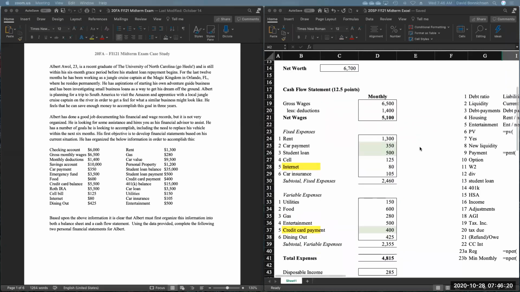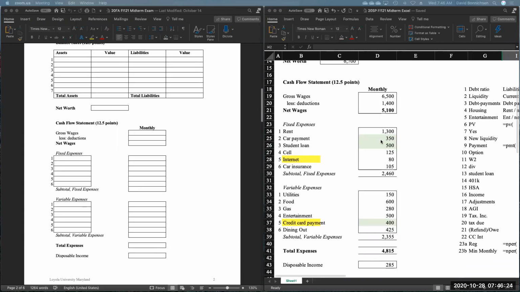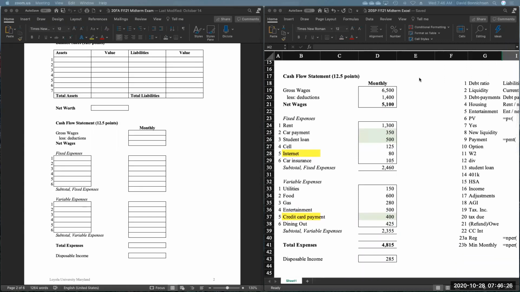Really good job. On the cash flow statement, okay, or income statement, all right, most everybody did a great job. And I would say there was really only two mistakes that were kind of made in the cash flow statement, and it would be on the expenses.